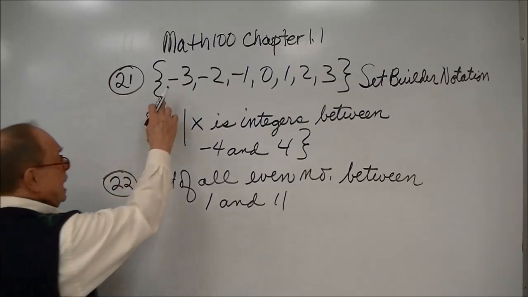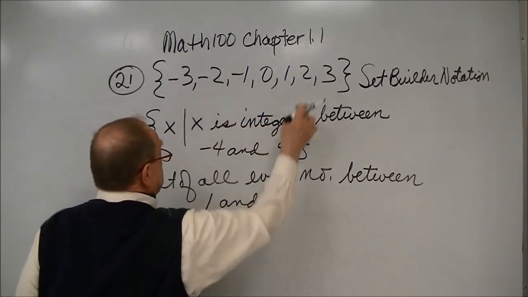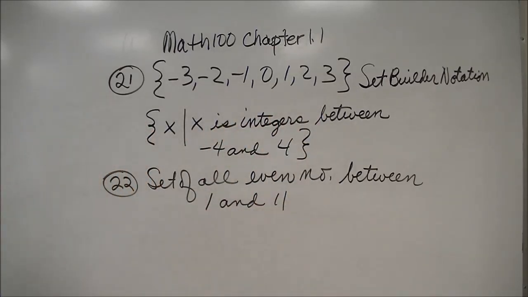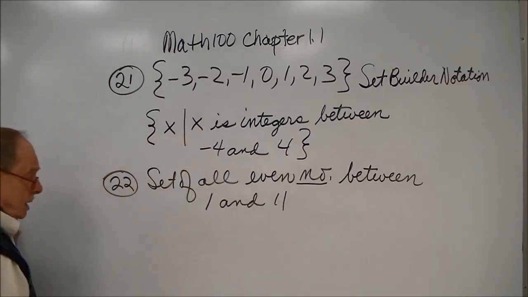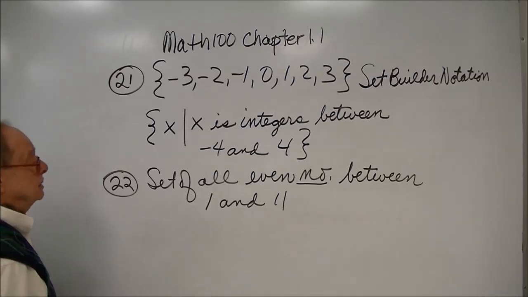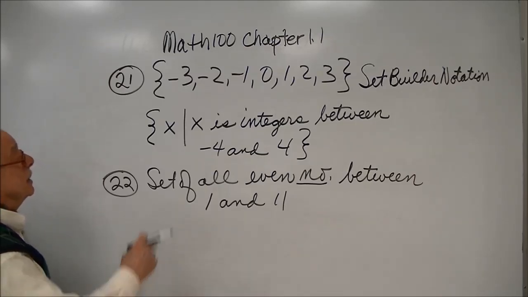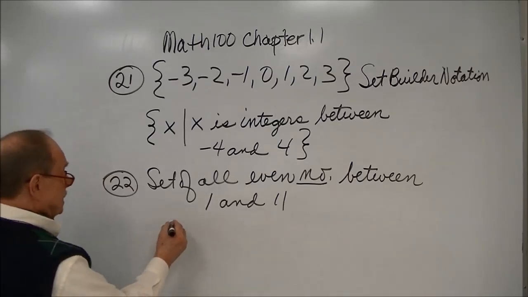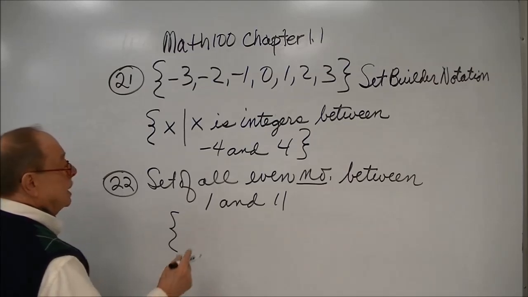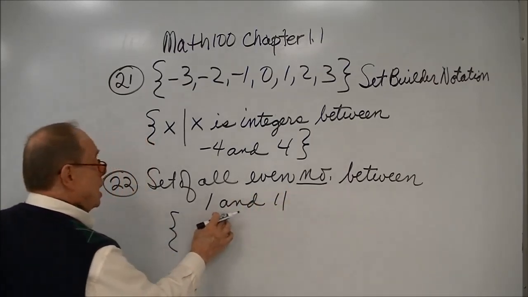Now again, the elements of the set are what are listed there. These are sometimes called members of the set. Now, for something like this, when they're talking about even numbers, you wouldn't start to list them because that would be sort of impossible. But to put it in set builder notation, now remember, you could write it this way. In fact, let's do that. Even numbers between 1 and 11.